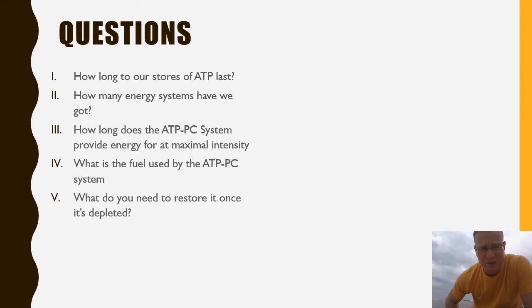We've got three energy systems. The ATP PC system lasts about 10, maybe slightly longer, seconds at maximal intensity. It uses phosphocreatine. And then once it's been used, we need our other energy systems to help restore it. So our aerobic system is really important to restore it.